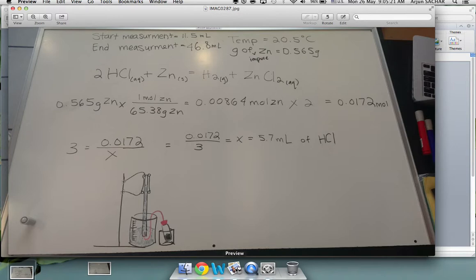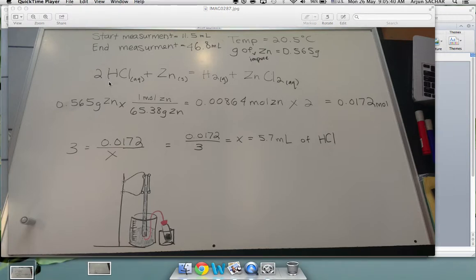So you add the zinc and the HCl into the flask, and then you top it up, and then you watch the bubbles or the gas product go into the barometer, and the water volume then goes down because of the extra gas in. Alright, what you see on the board right here is the balanced equation we wrote out. So it's 2 HCl aqueous, plus zinc solid, equals H2 gas plus ZnCl2 aqueous.